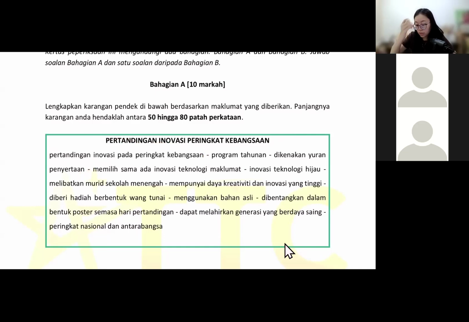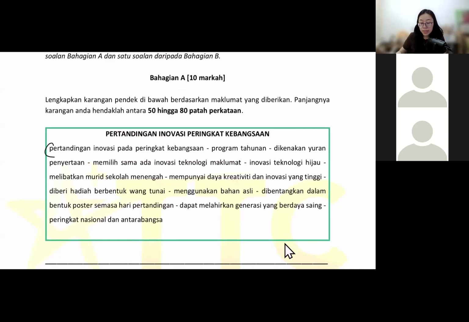Now, the first thing they are saying: the Pertandingan Inovasi pada Peringkat Kebangsaan is a program tahunan, a yearly program. And then dikenakan yuran, of course, they need to pay a fee. And they can choose either IT or green technology. And then you can say it includes those sekolah menengah having the ability, creativity, and inovasi.